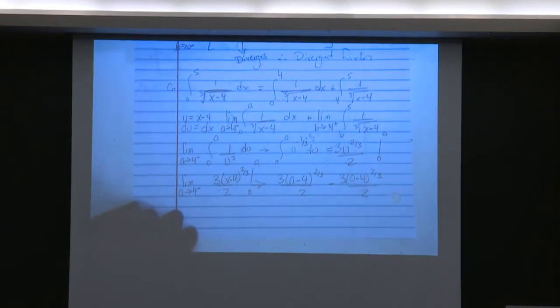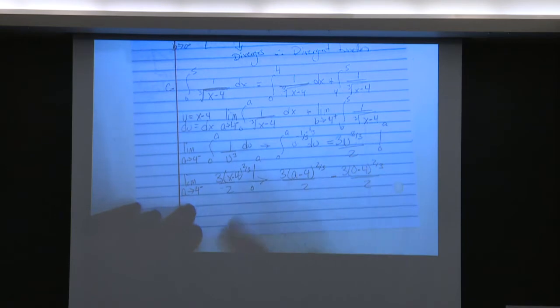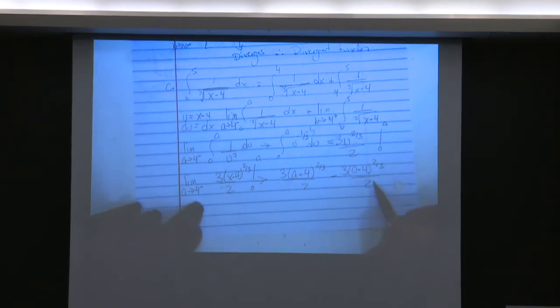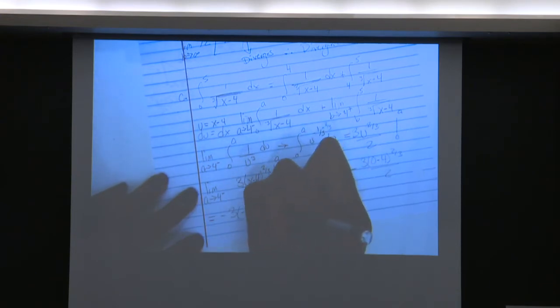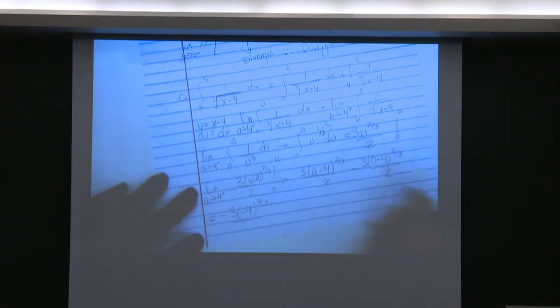No? Okay. Now I just plug in my 4. That gives me 0. The lower limit gives me negative 3 times negative 4 to the 2/3 over 2.